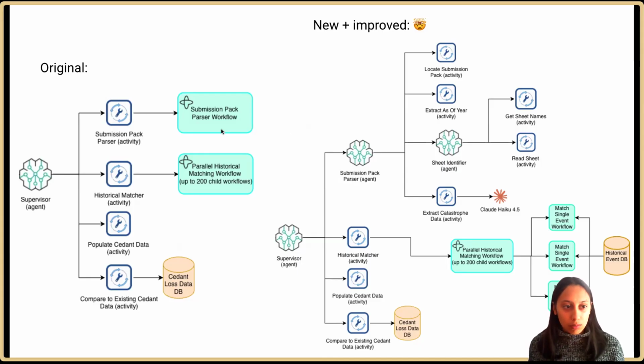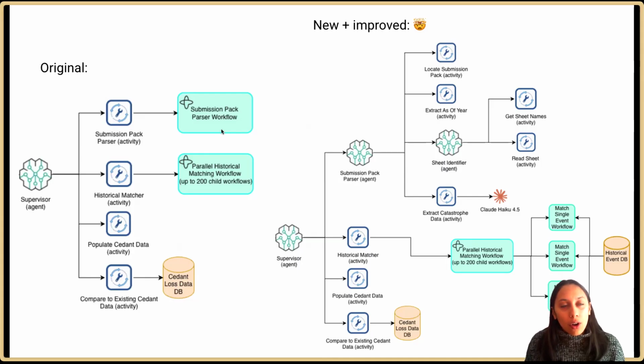And this worked great in a demo setting, but it wasn't adaptable to different types of sheets. It might work on one specific sheet, but if you put in a new sheet type, it wouldn't work. And the reason is that parsing these submission packs was quite a difficult task.